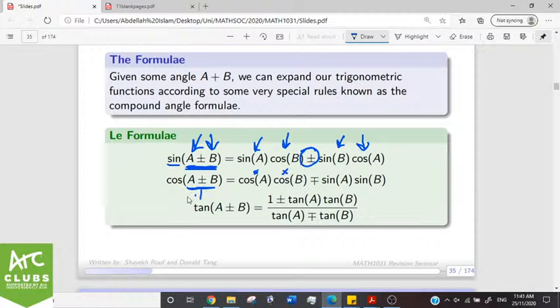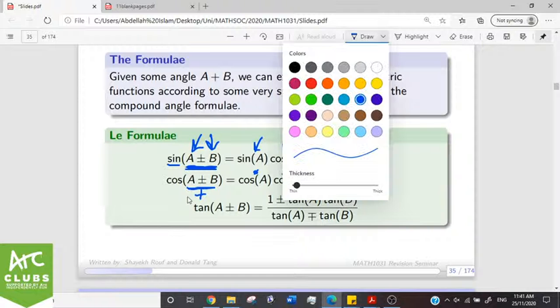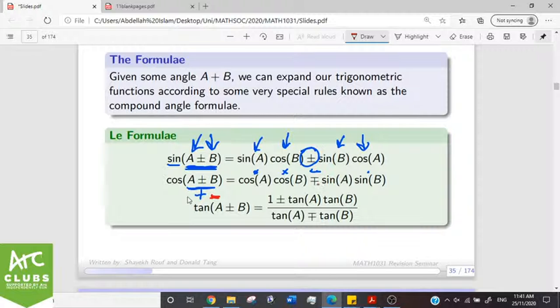If this is a plus here, then this has to be a minus. And if this is a minus here, then this has to be a plus. This looks like a plus minus, right? But over here, this is a minus plus because the minus is on the top. That's what that signifies. I'll erase that to make it a bit clearer.